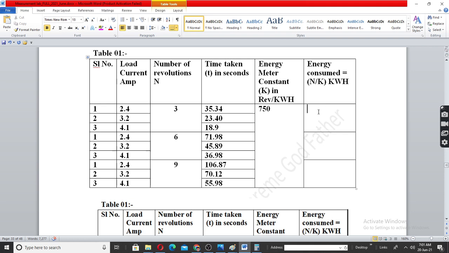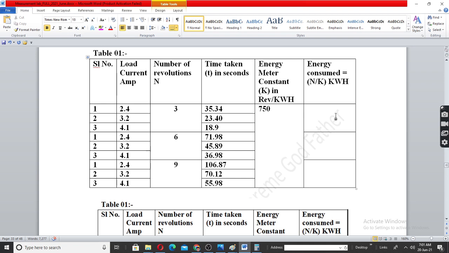Okay, now calculate the energy consumed. Energy consumed is independent of just current or just time. It is actually dependent on current, voltage, and time, which is given by the number of revolutions directly.